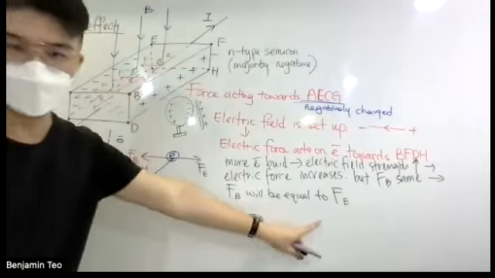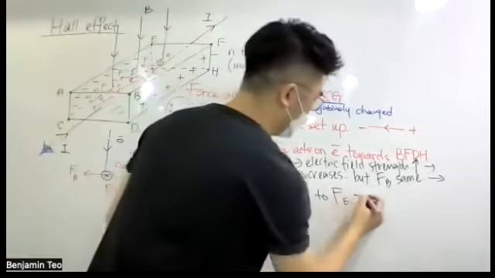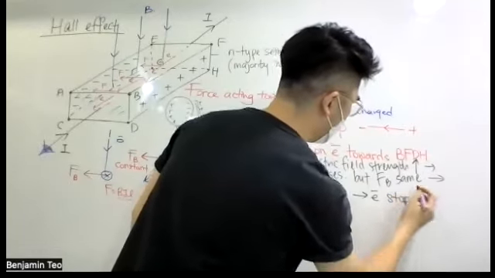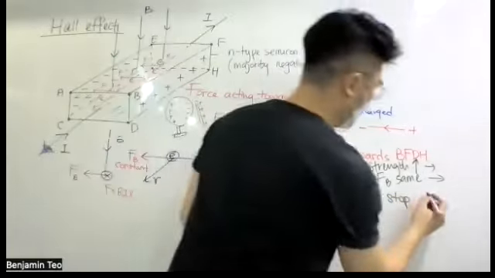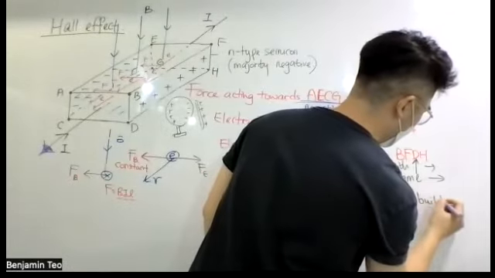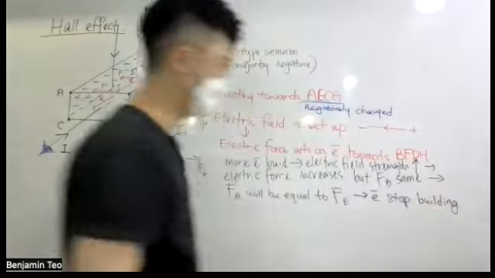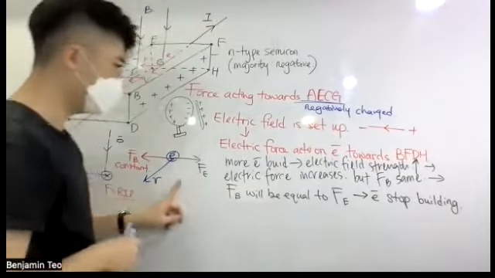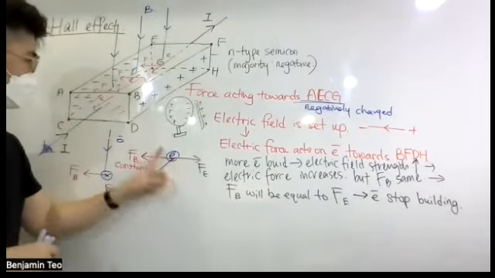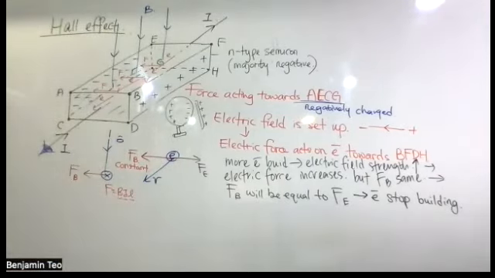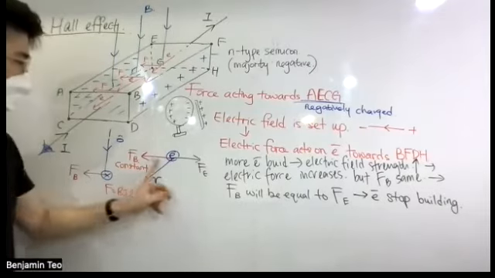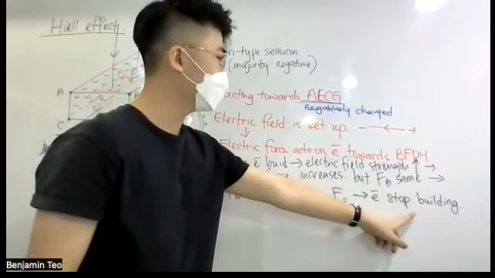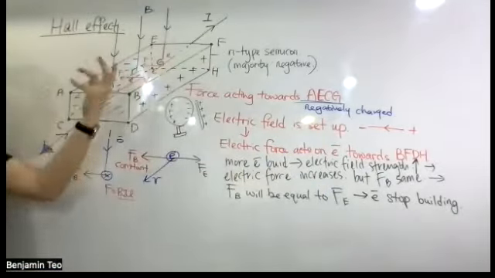When this happens, electrons stop building. Why stop building? Because this one is equal to this one, the electrons go in a straight line. When this has been achieved, now the current keeps flowing like this.